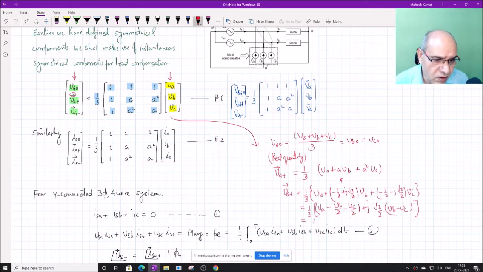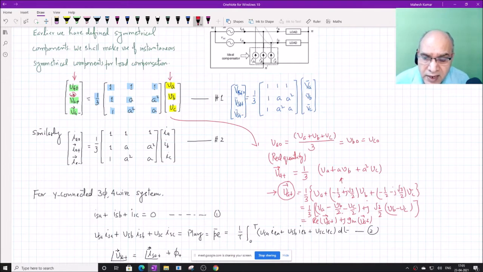So you can say this is the real part of VA plus arrow plus j times the imaginary part of VA plus arrow. The nature of this variable is complex, therefore it has a real and imaginary part, and these real and imaginary parts are functions of time. Therefore this variable is a function of time as well as complex in nature. That's why we have used the term arrow here.